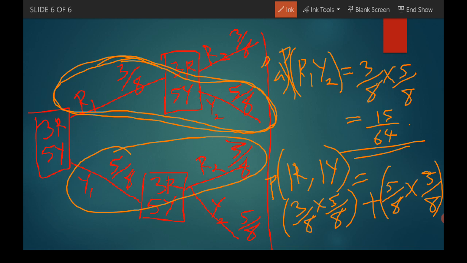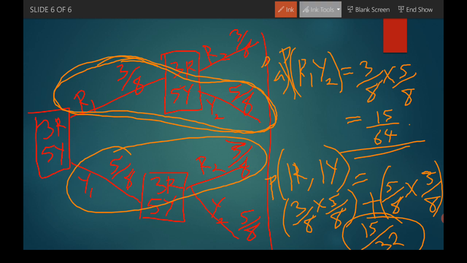When you add and then simplify your final answer, we shall get 15 out of 32. So that is the answer for our question.